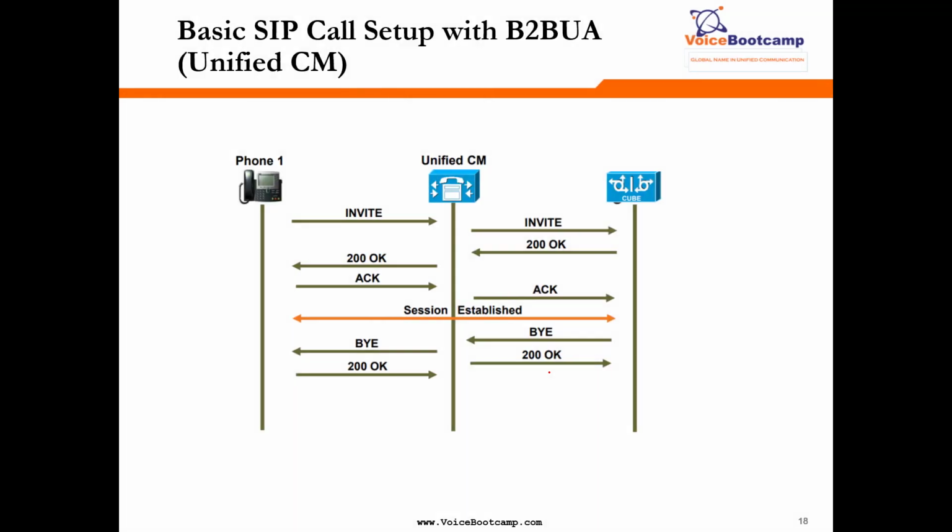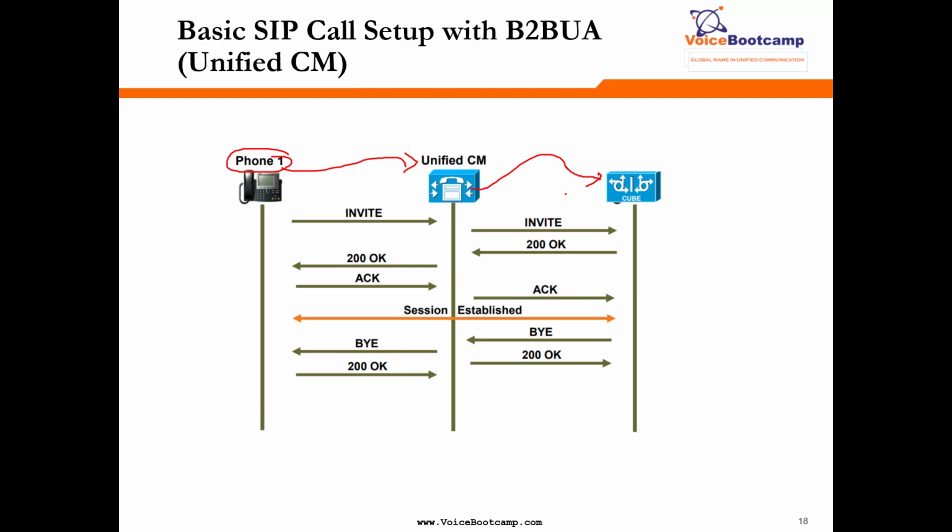Now, if you have a proxy server involved, where you have a proxy in between, you have IP phone 1 initiating an INVITE to the proxy, in this case the call manager. The call manager will send another INVITE message to the final destination on behalf of the client. So when a proxy is involved, the endpoints do not communicate with each other directly for the signaling part.